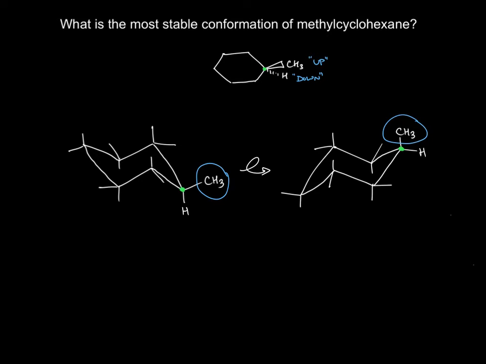Electrons repel, they like to be as spread out as possible. Therefore, the most stable conformation would be this one, because the largest substituent is equatorial. And that is it. That's how this works.